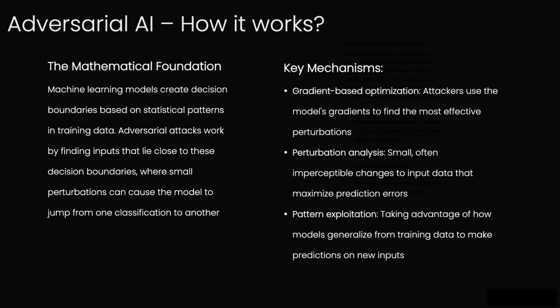Adversarial attacks work by finding inputs that lie incredibly close to these boundaries, right on the edge. So small perturbations, tiny, often completely unnoticeable changes to us, can be enough to push that input just over the line. It causes the model to jump from one classification, say cat, to another, dog. It's like the AI is walking a tightrope, and a tiny, invisible nudge sends it falling to the wrong side. That's a really good way to picture it.